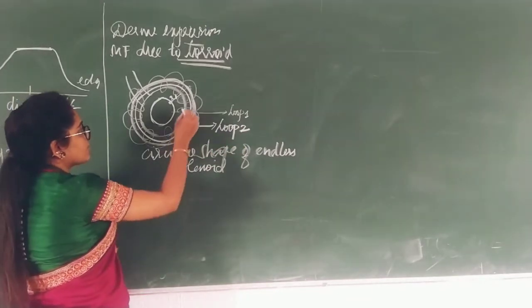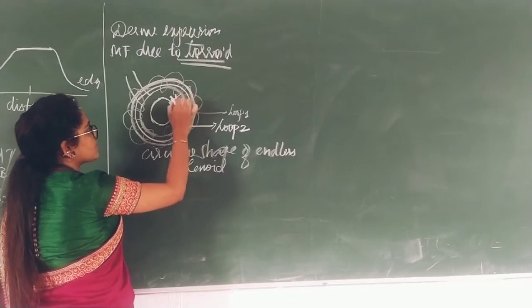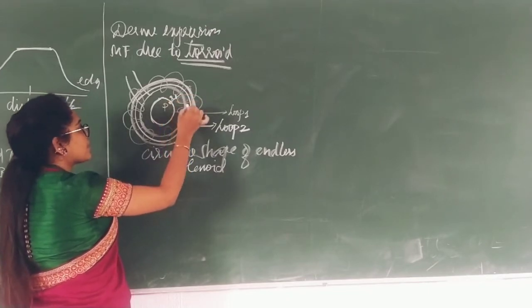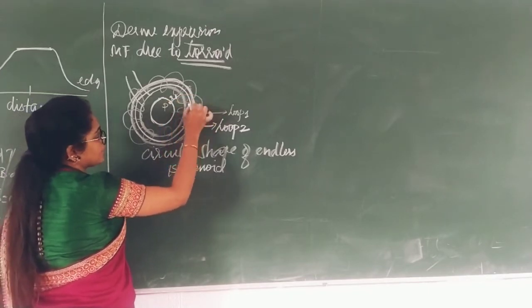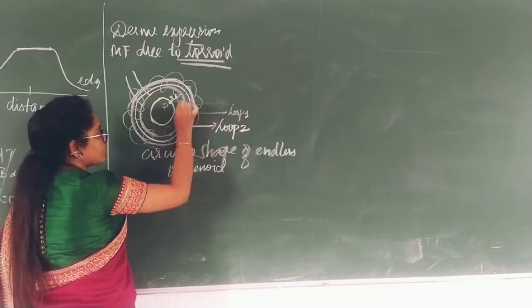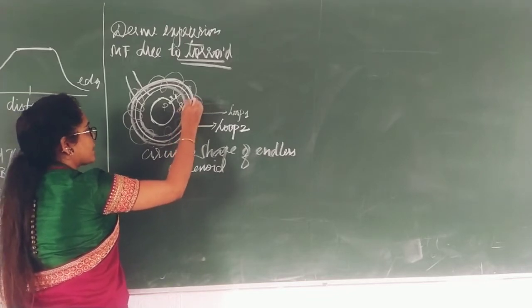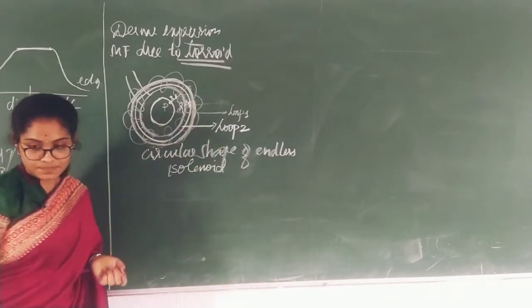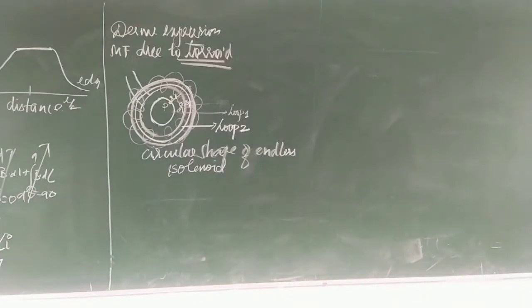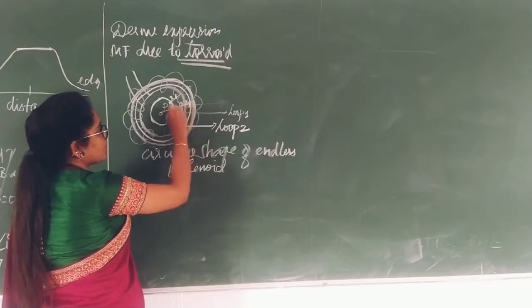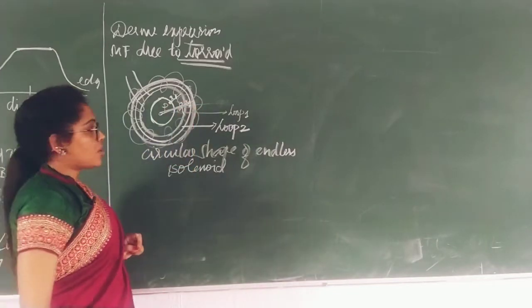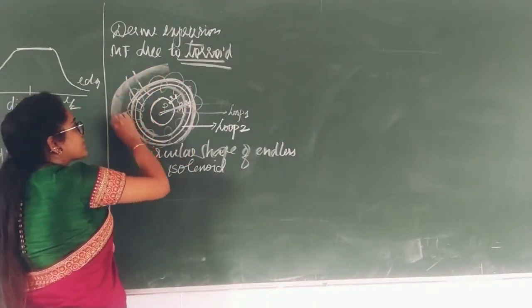The radius at this point is P, and at this point Q. Their radius is R2. Let me take R2.